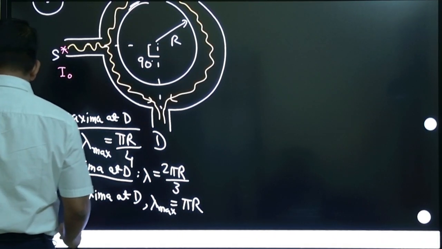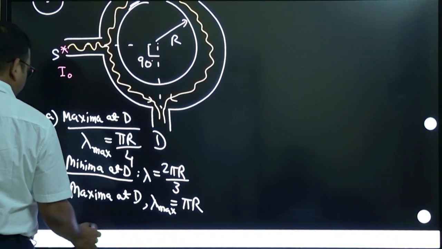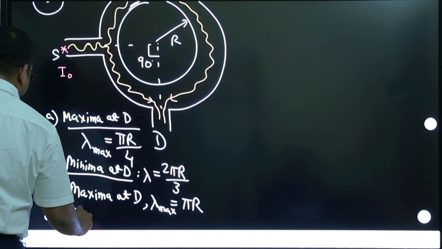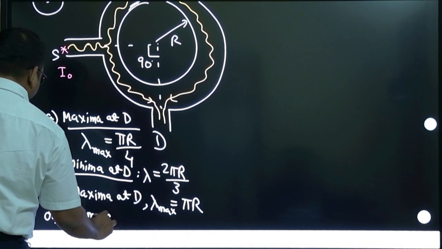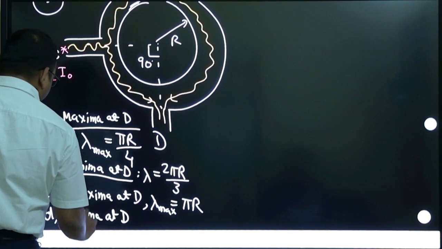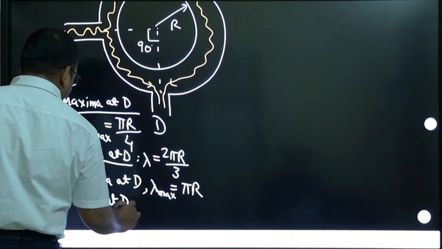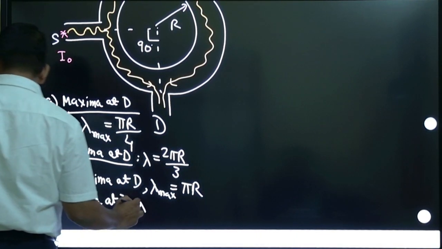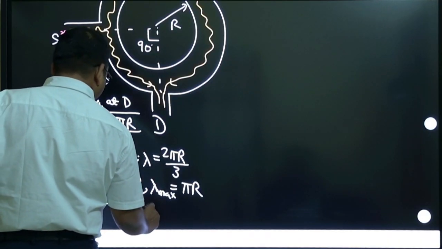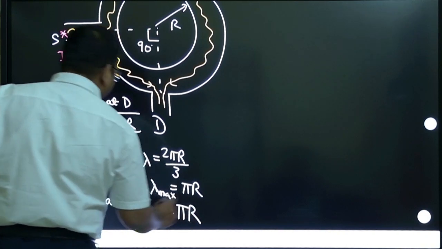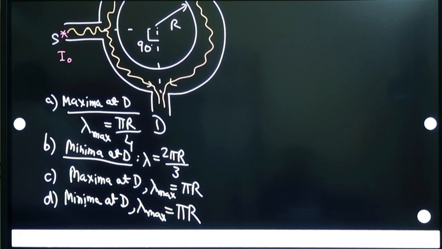And maximum value of lambda to produce minima at D. So option D is minima at D, minima at D. And what is the value of wavelength? Maximum wavelength is pi r. Okay, let us try this.